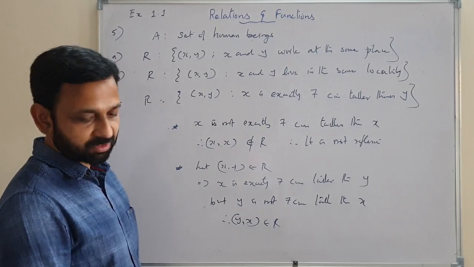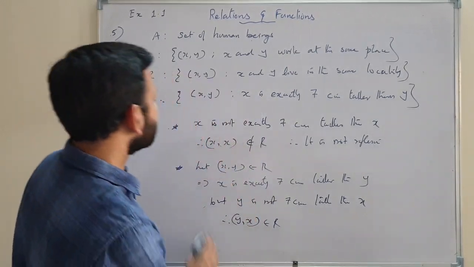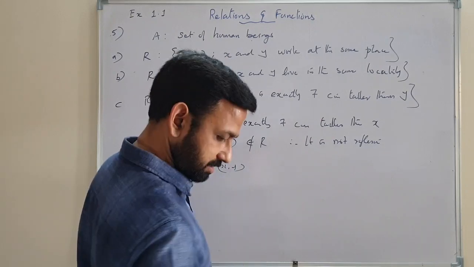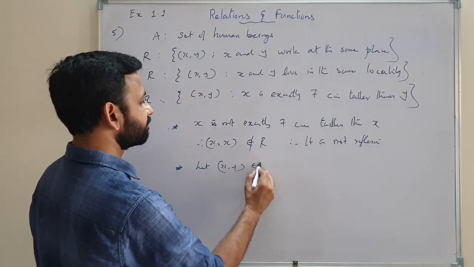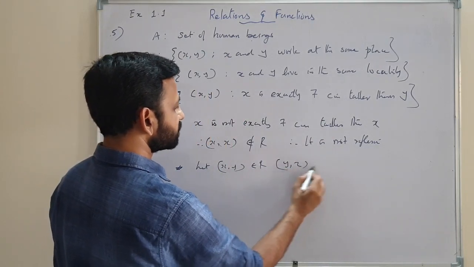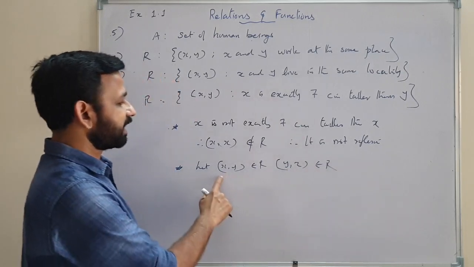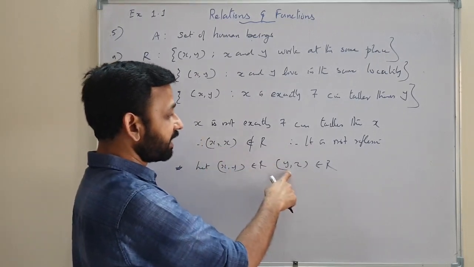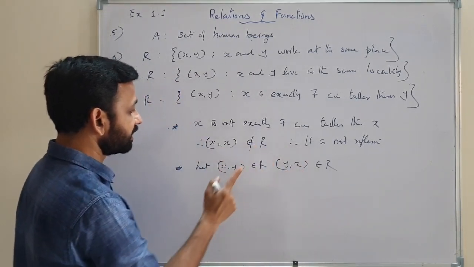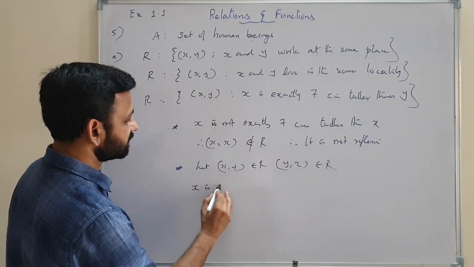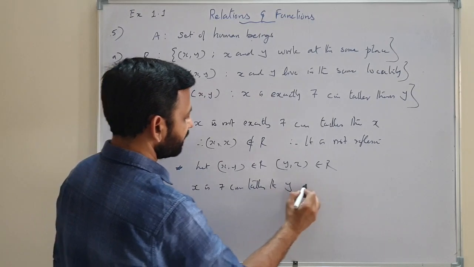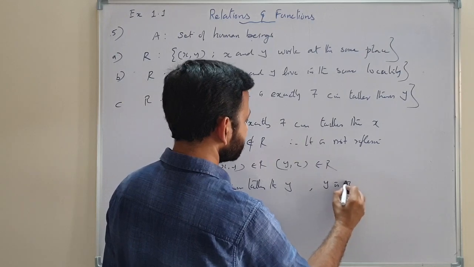And similarly, the transitive property. Let (x, y) belongs to R and (y, z) belongs to R. So here x is 7 centimeter taller than y and y is 7 centimeter taller than z.